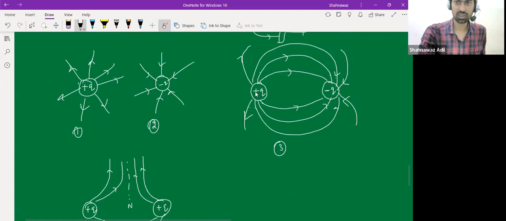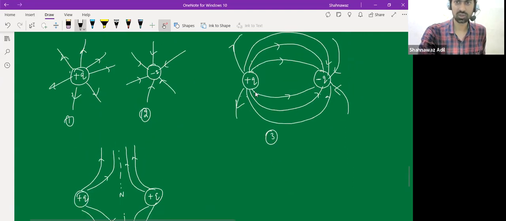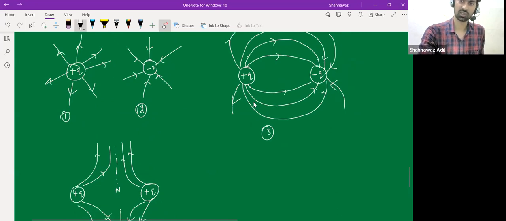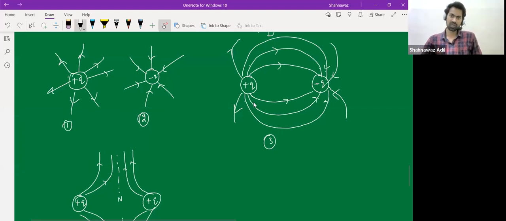and then we will learn about the force in the presence of the electric field. So you guys just draw this part.